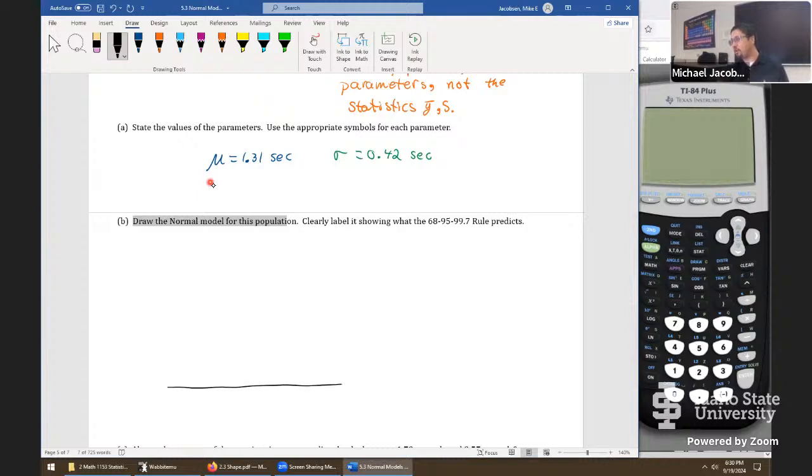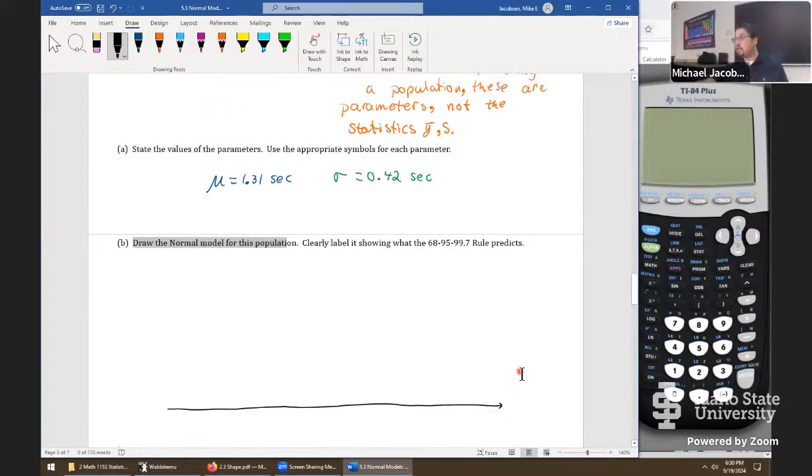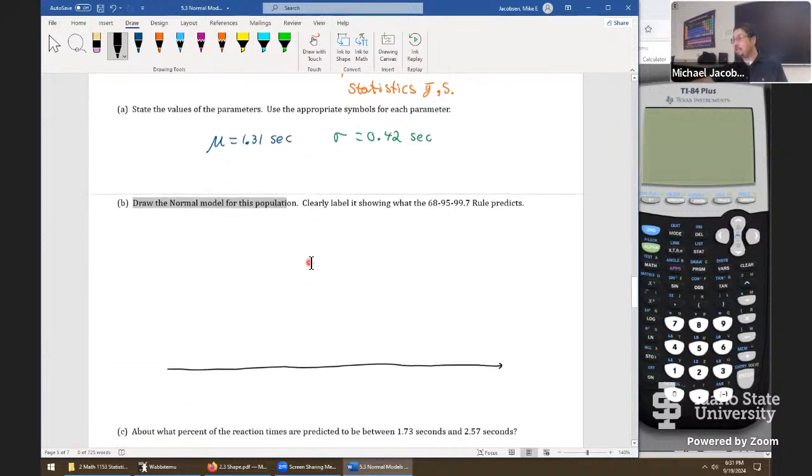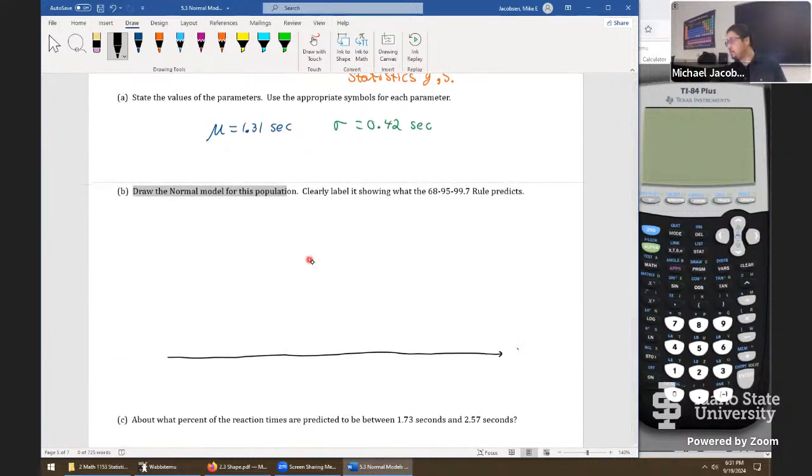I would start with a really long horizontal bar. Think of it as the x-axis from a math class. The axis here actually has a unit. The unit is going to be inherited from these values. It's seconds. It's seconds to react to a brake light, specifically. So let's put in that description.